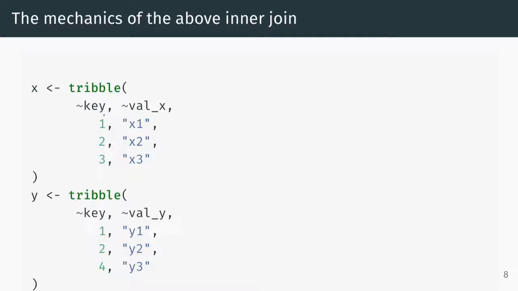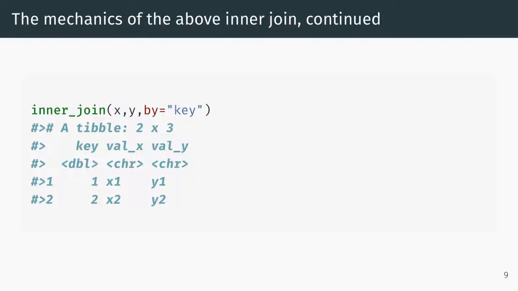So it's a row-wise kind of data frame, and this has two columns, one column called key and one column called val x. And this one has two columns, one column called key and one column called val y. And you notice that these two have two keys in common and one key that's not in common. So here's x and here's y.